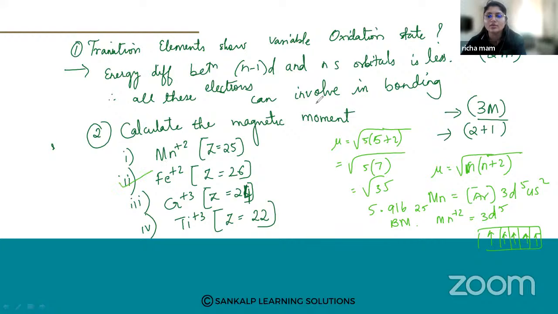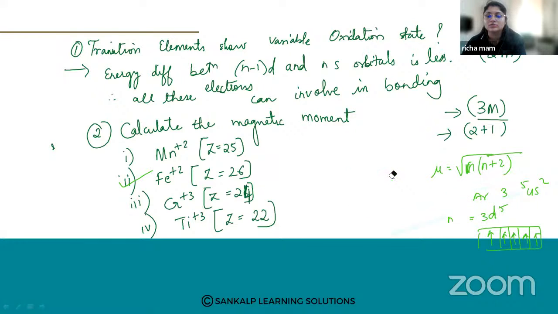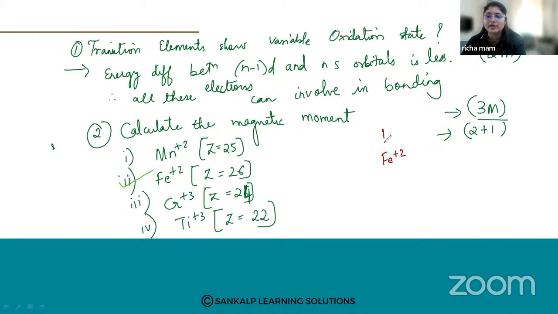Fe plus 2. Fe is 26, so argon 3d6 4s2. So Fe plus 2 is 3d6.